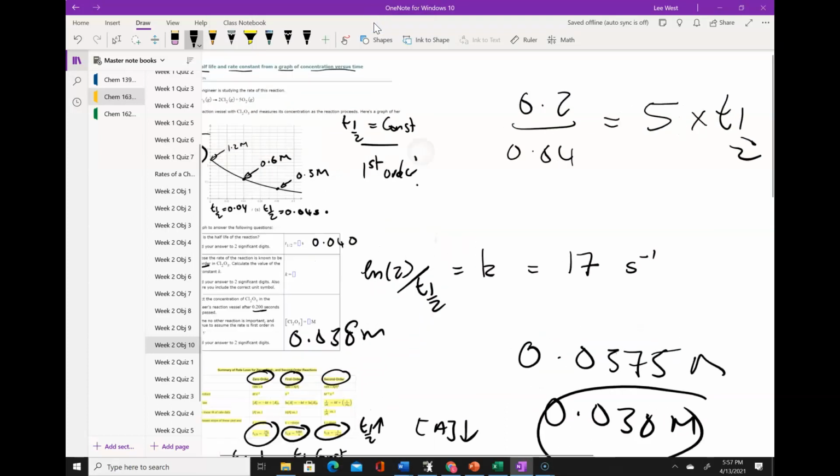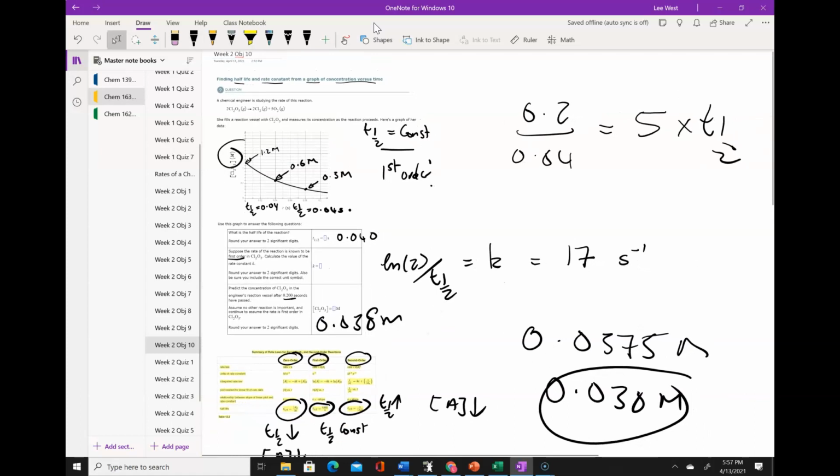Okay. So what have you got this week? You've got about 4 questions on just using rate laws and method of initial rates. And then you've got about 6 questions concerned with rate laws, but using integrated rate laws and half-lives.